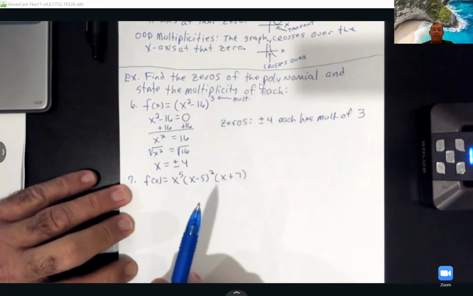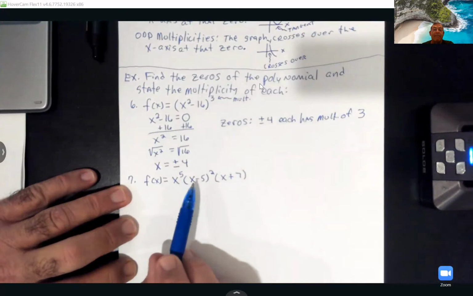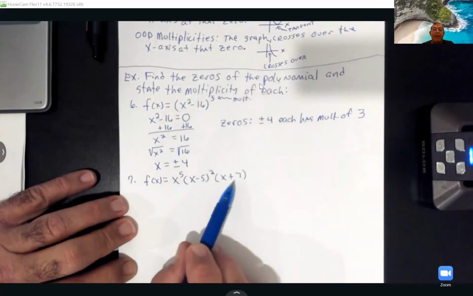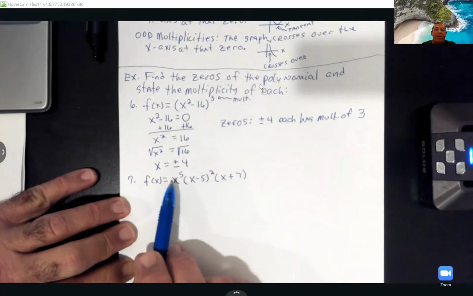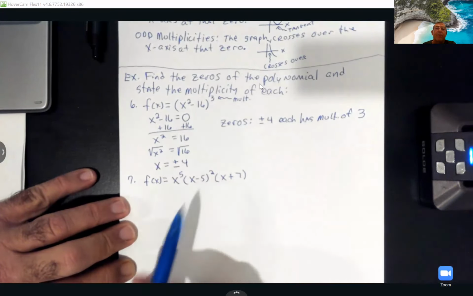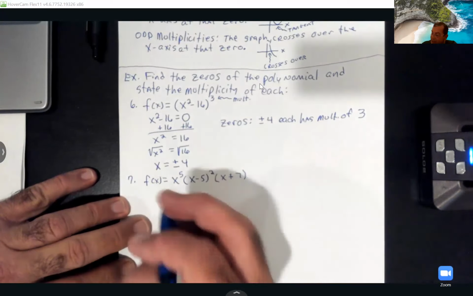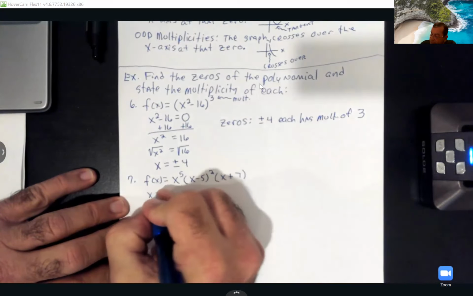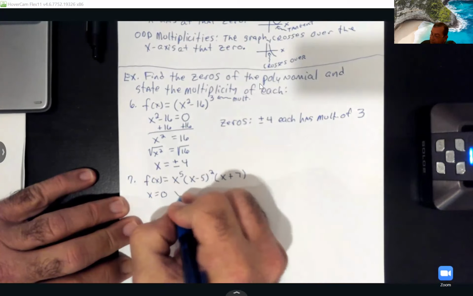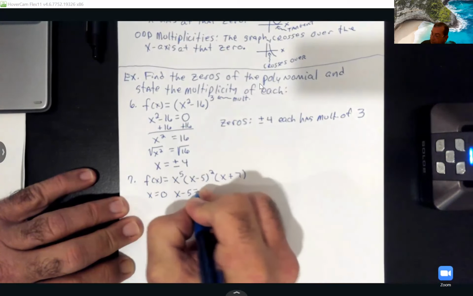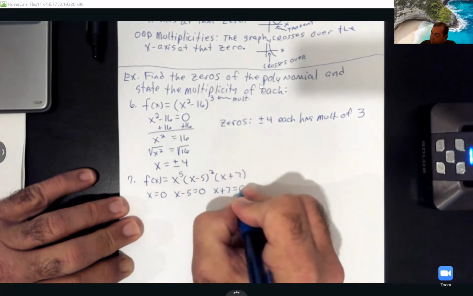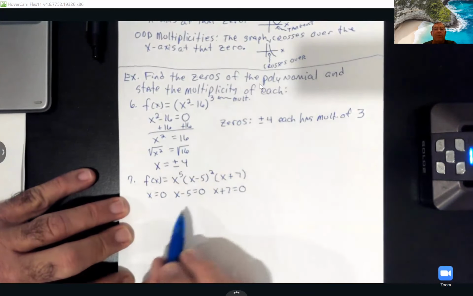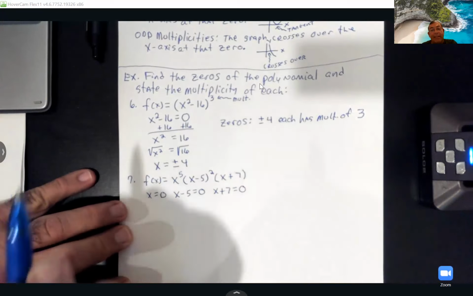So notice I got 3 factors. I got the x to the 5th, the x minus 5, and the x plus 7. So since I got 3 factors, I'm going to set each of my factors equal to 0 to find my zeros. Then once I find my zeros, I'll figure out their multiplicities.